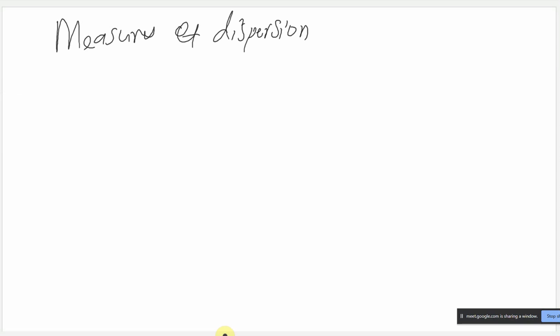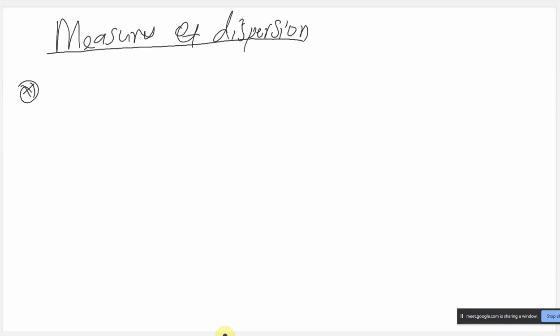Okay, so let's move on. Stats, we're about to finish maybe. So now we're going to look at measures of dispersion. So what are we talking about here?